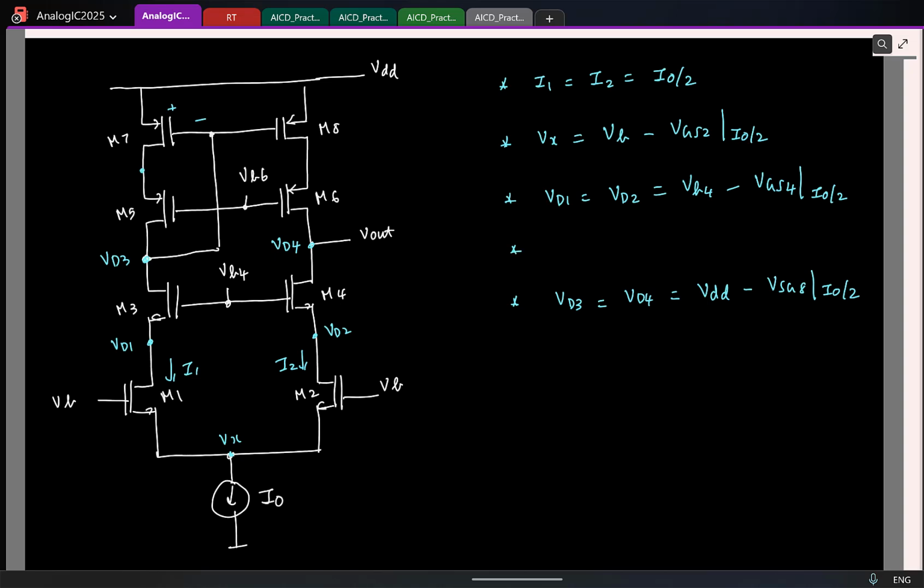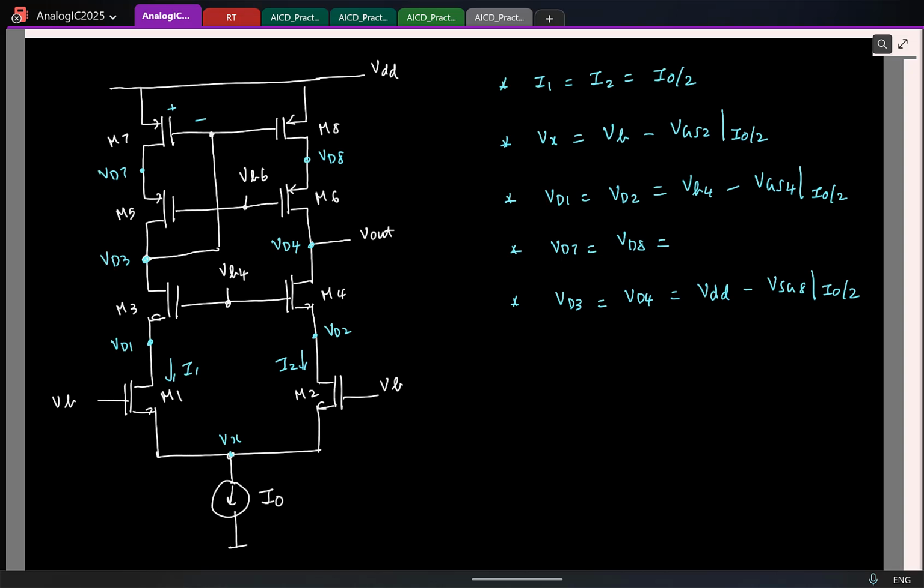So similarly, let's do this, VD7, VD8. VD7 has to be equal to VD8, that much is clear. But what is determining these voltages here? How is M6 determining? Once again, what is the current flowing here?